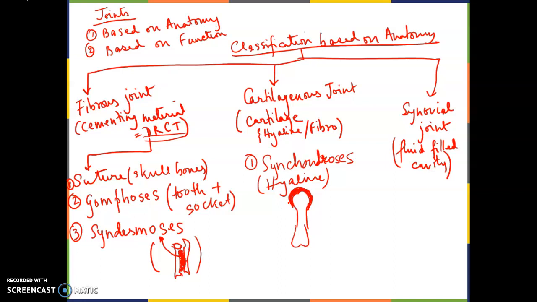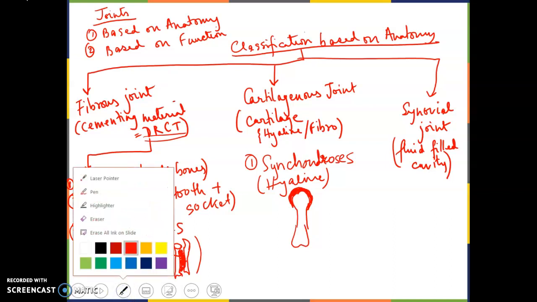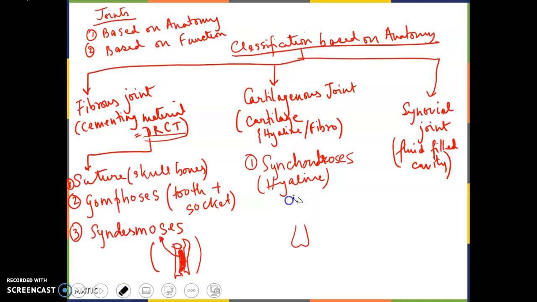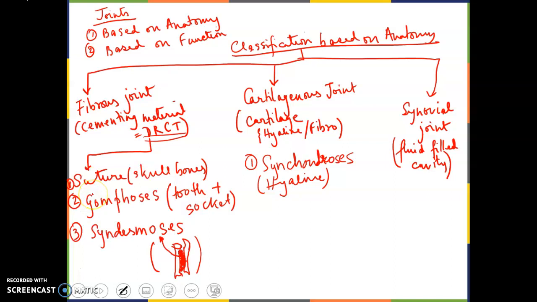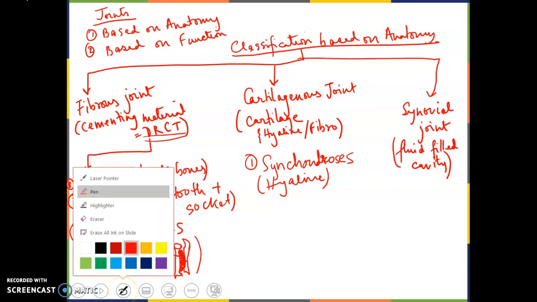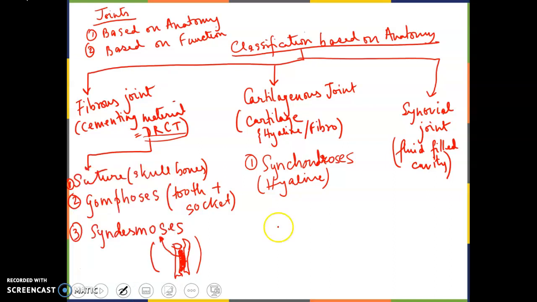Sorry, my bad. Just ignore this. Hold on, let me erase this. Okay, sorry. So synchondrosis is a piece of hyaline cartilage between two bones.